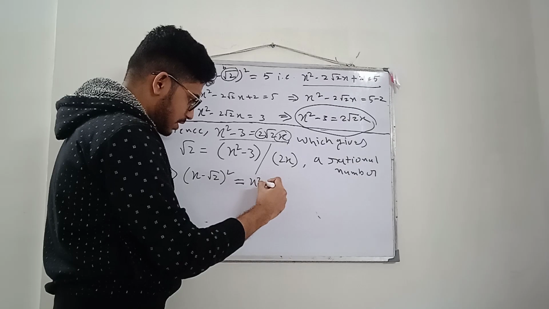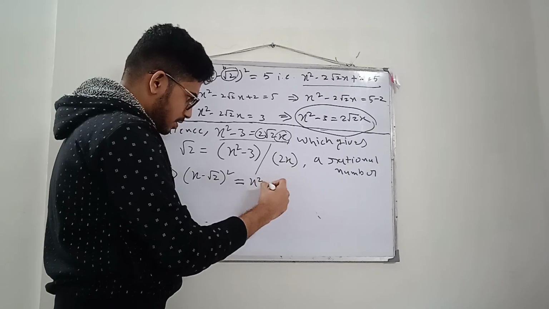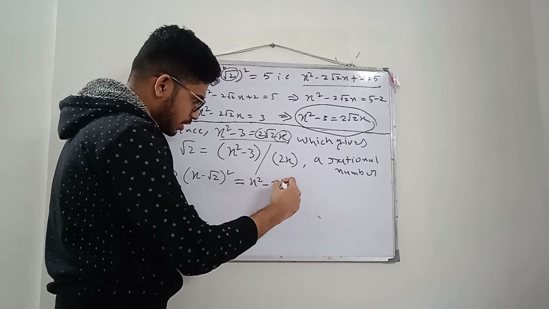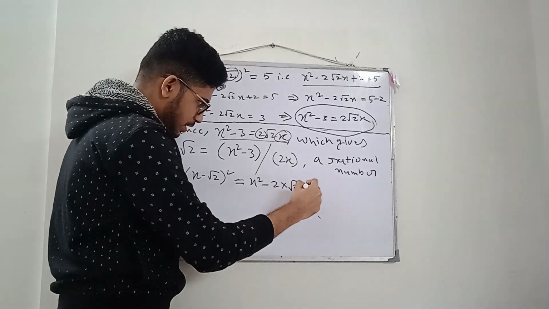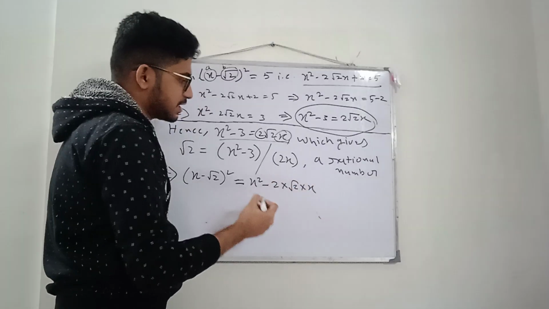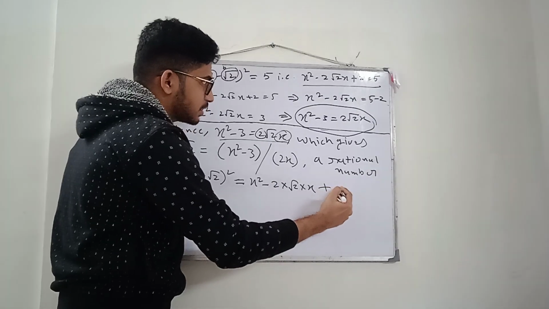So x square minus 2 into root 2 into x. If we write it in this format, then it will be easier to understand.